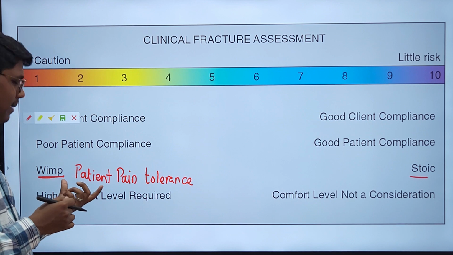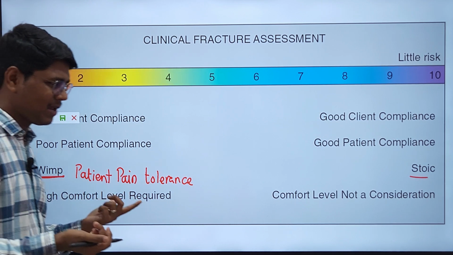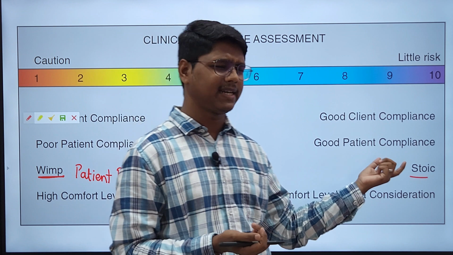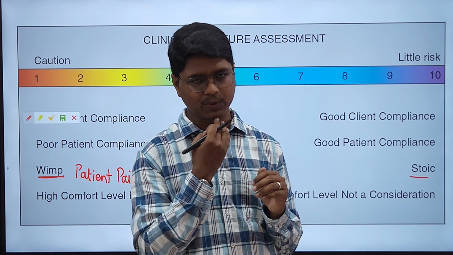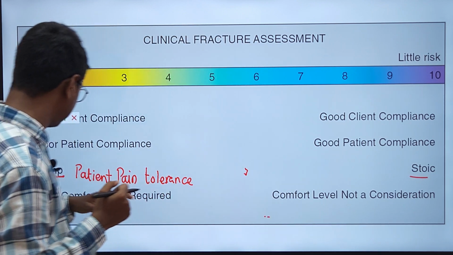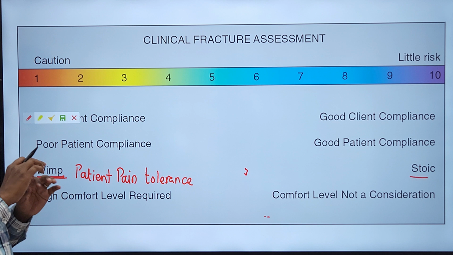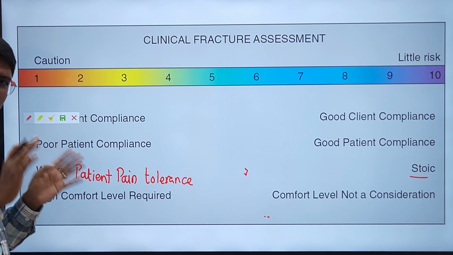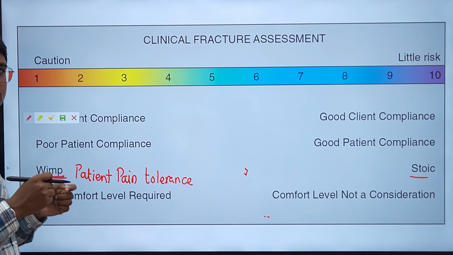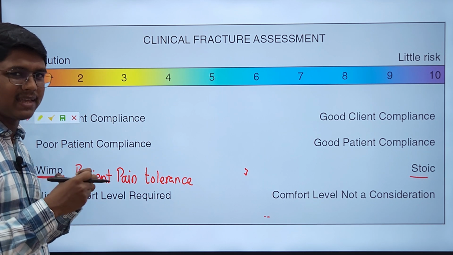For example, Labrador and Rottweiler. Labradors are kind of stoic and they cope well with post-operative pain, while the Rottweiler will be a wimp. They won't bear some degree of pain. Not all Rottweilers, but in general Rottweilers will not tolerate pain well.